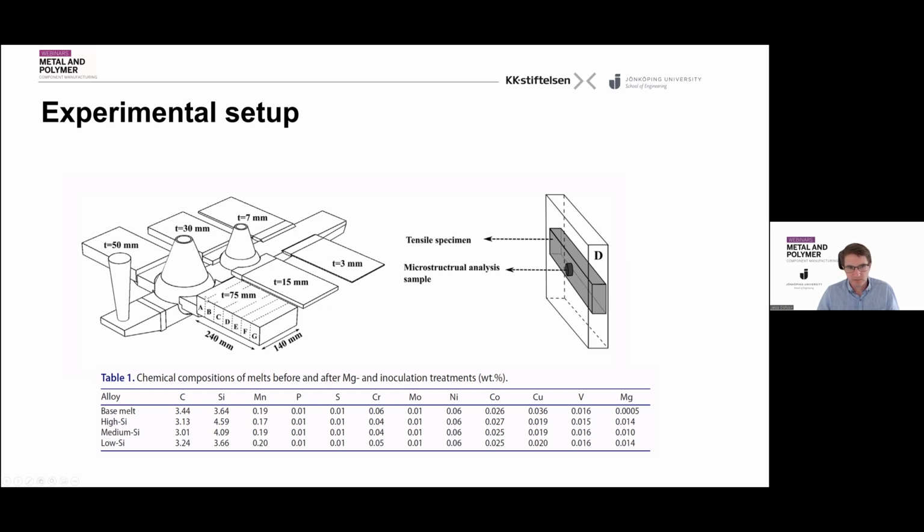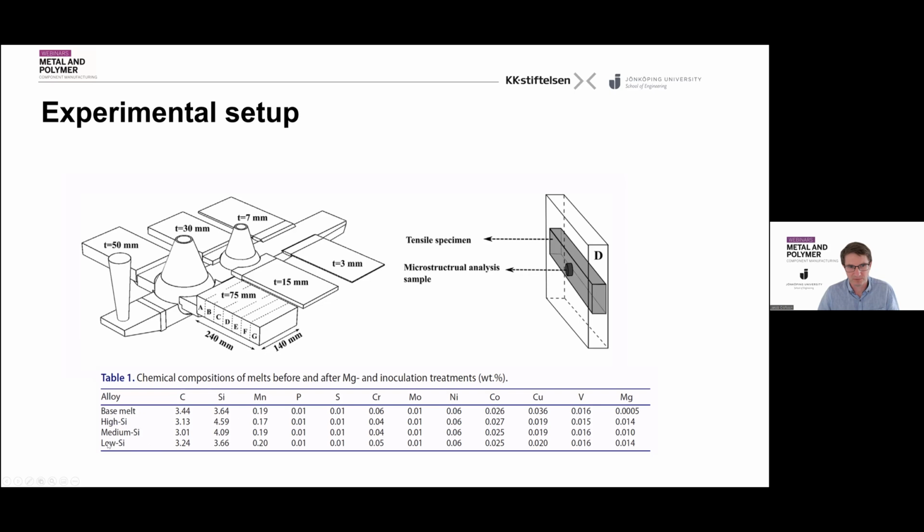And then we do this for 3 different levels of silicon to investigate the influence of silicon here. So 3 different melts were prepared. The base melt, you can see the chemical composition here, had a silicon content of 3.6. And then we did some different tests here with different combinations.